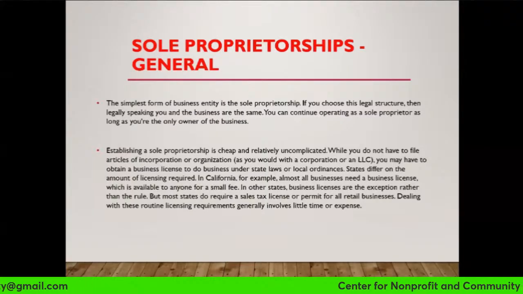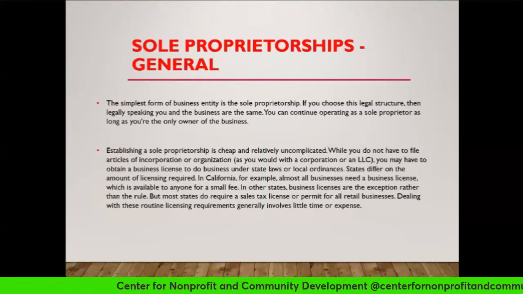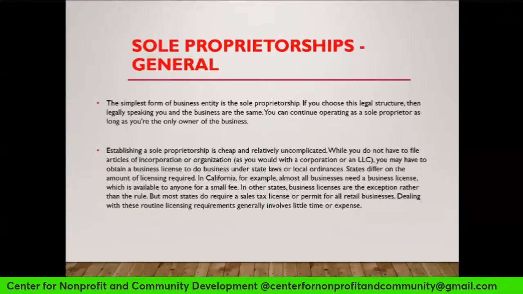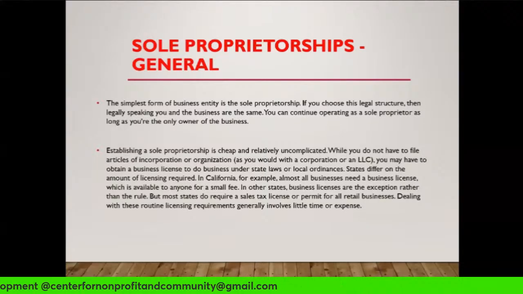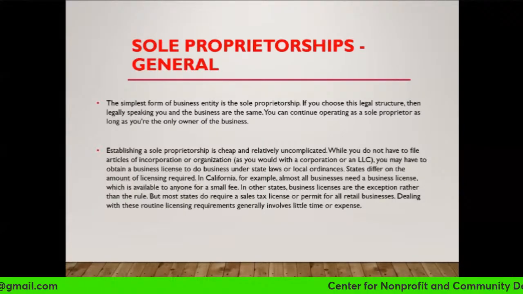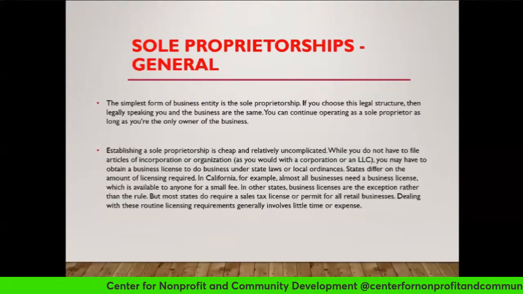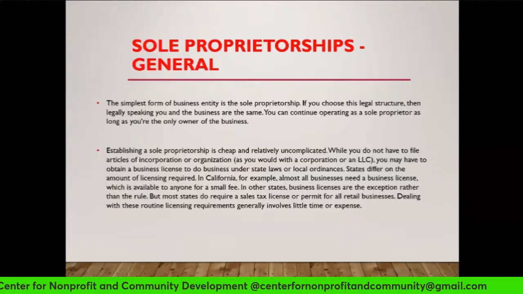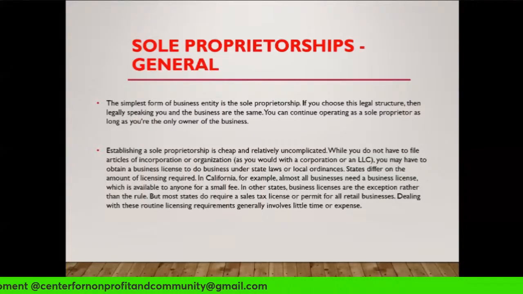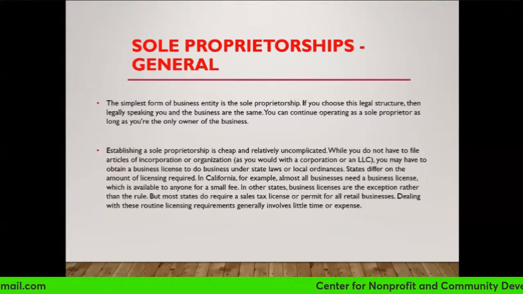One of the good things about a sole proprietor is that you don't have to file those forms that normally a corporation and other types of businesses have to, like articles of incorporation or articles of organization. However, most states require that you put together your sales tax license or any permits that are required to run your business.